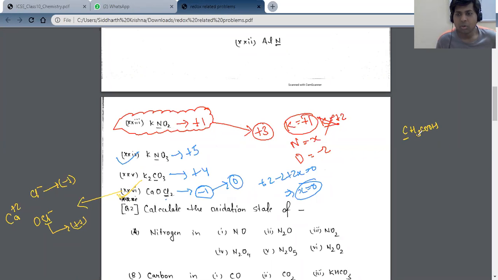CH3COOH. What is the oxidation state of carbon here? Anushruta, you tell. Can you hear me? I'm calculating it. Sir, we have to calculate two different parts.